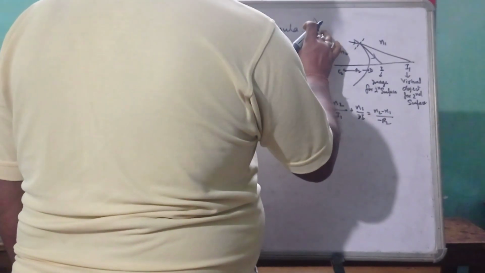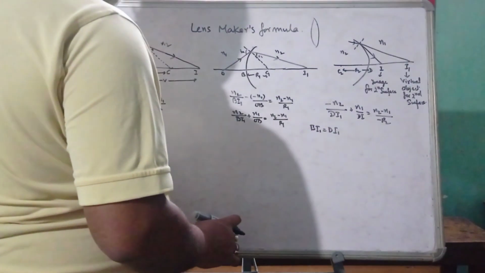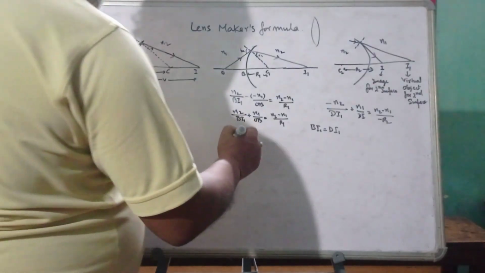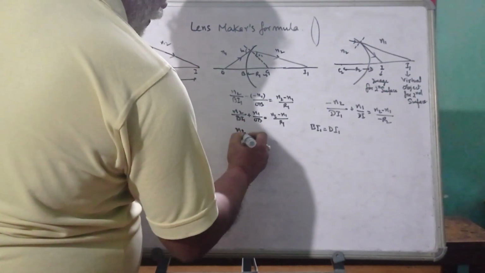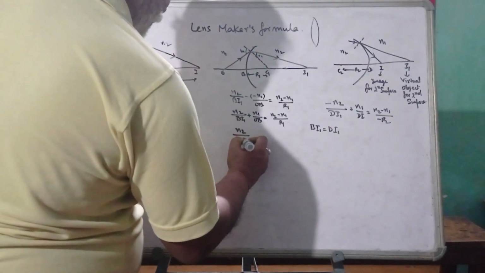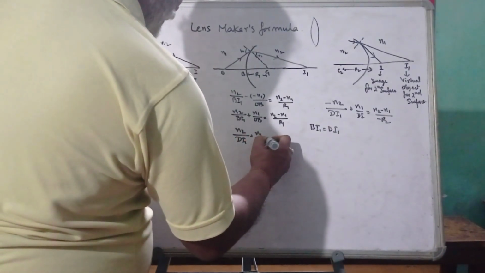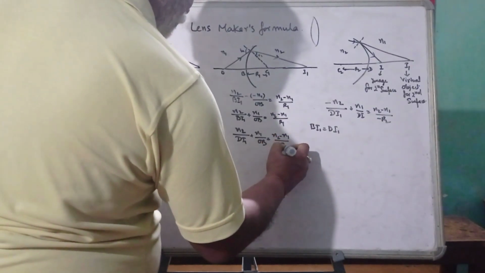We have considered this as a virtual point, so this distance must be equal to this distance. So this becomes N2 by DI1 plus N1 by OB, which is equal to N2 minus N1 by R1.